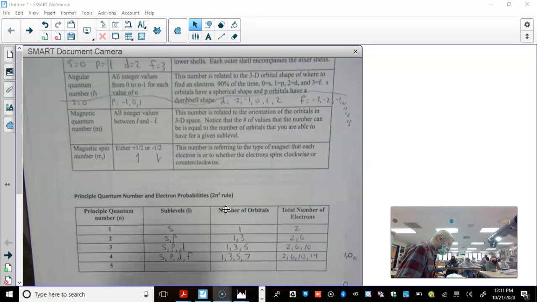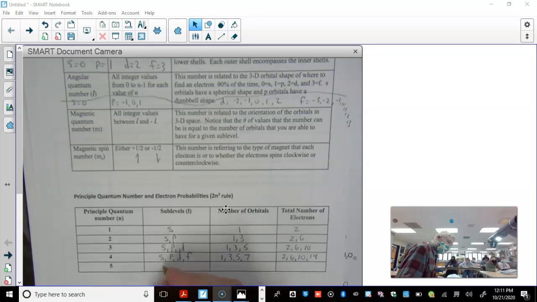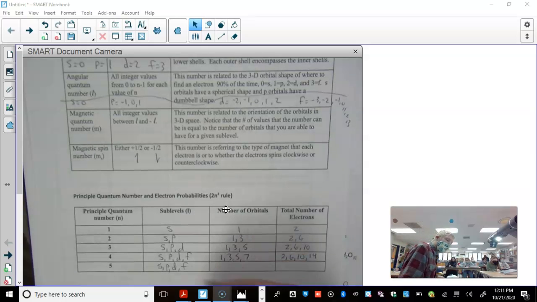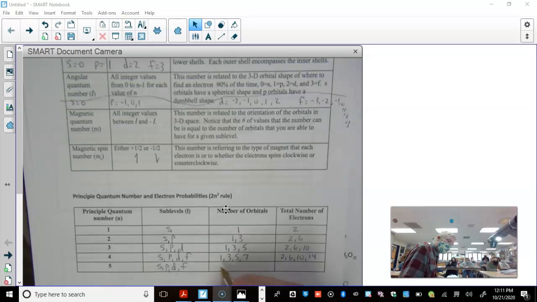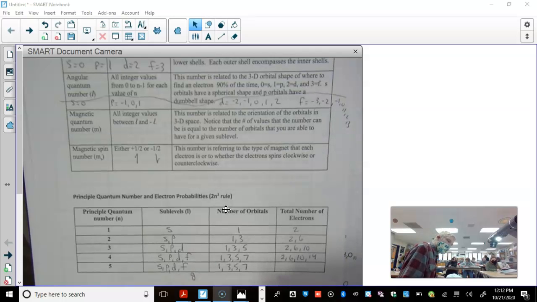All right, 5. You could have S, P, D, and F. Looking at the pattern, do you think you could have G? You could have G, and G would only exist if the electron's in an excited state, because we don't have enough elements discovered to determine G. How many orbitals do you think G would have? 9.